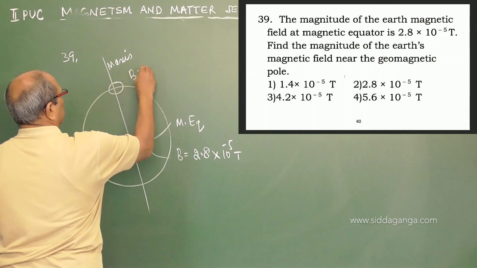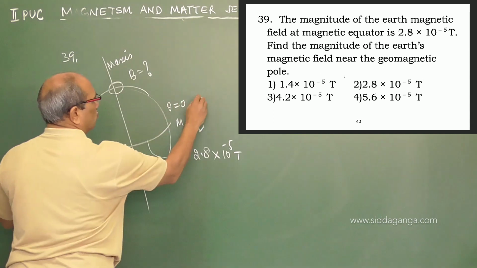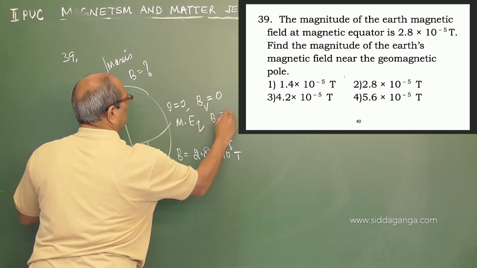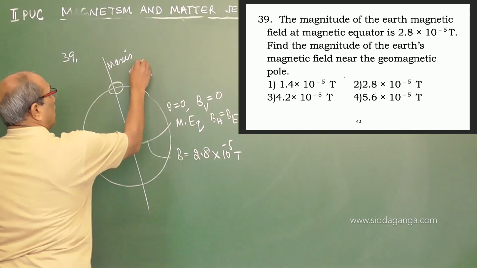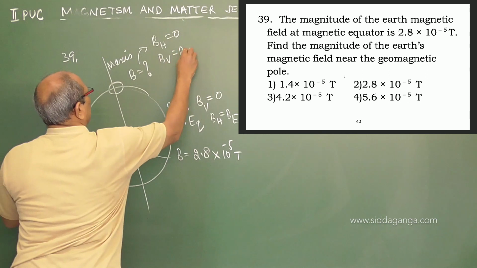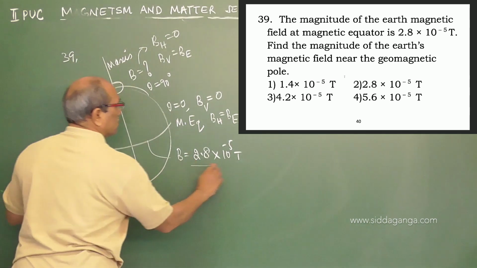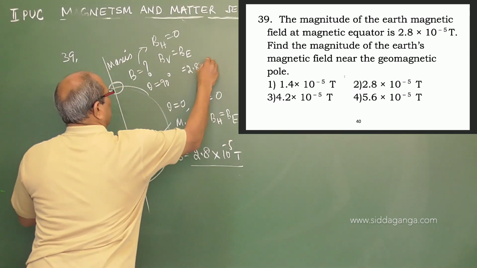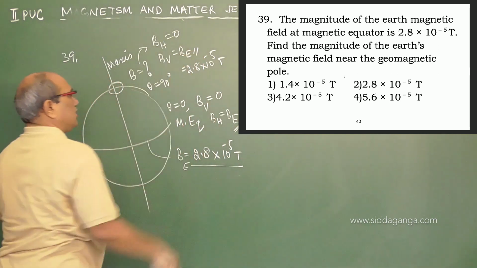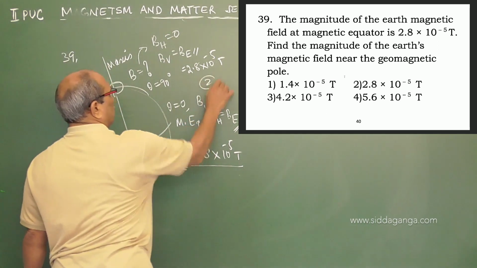Remember, at the magnetic equator, theta is 0, BV is 0, and BH becomes equal to BE. At the pole, BH becomes 0 and BV becomes BE, because theta is 90 degrees. Therefore the answer is the same, 2.8 into 10 power minus 5 Tesla, option 2.